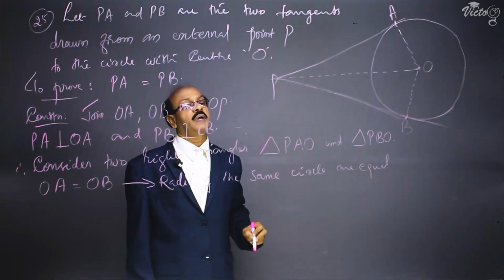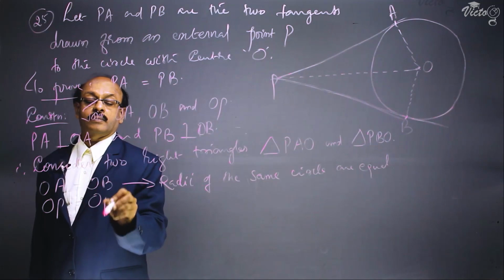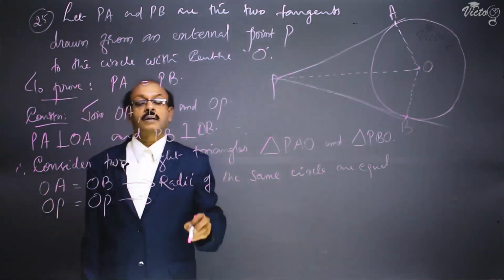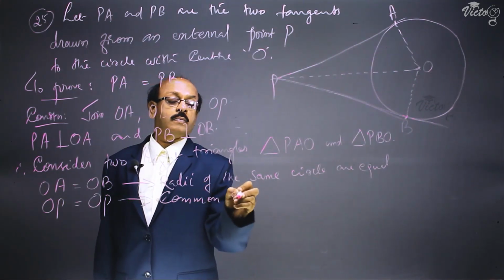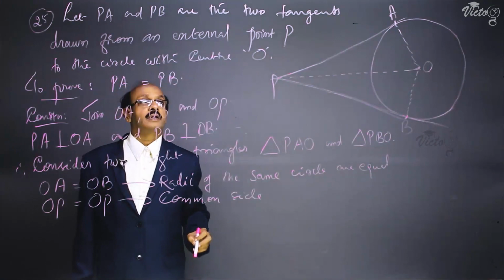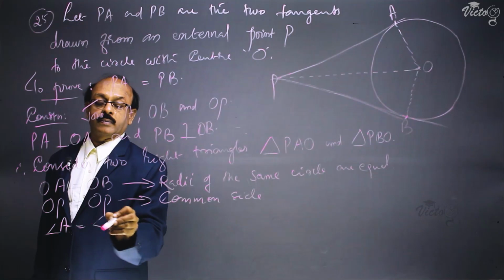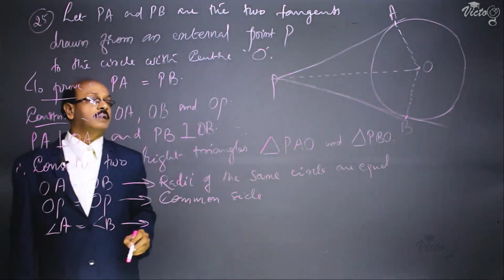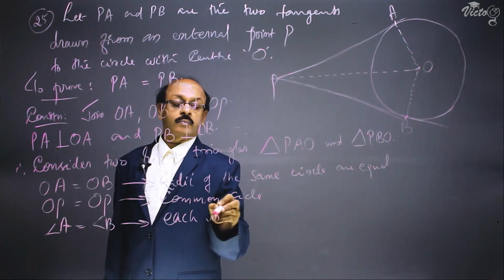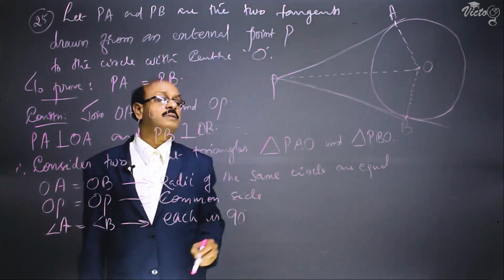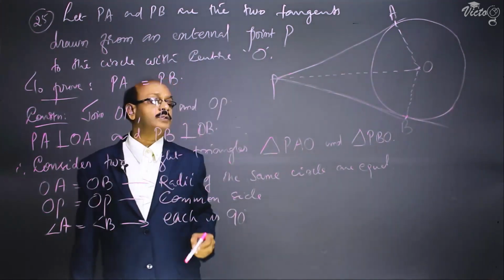Second statement, OP is equal to OP. Reason, common side. Then the third statement is angle A is equal to angle B. Reason, each is 90 degree, because we had already written PA is perpendicular to OA and PB is perpendicular to OB.